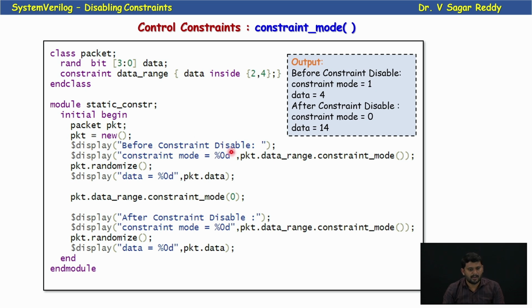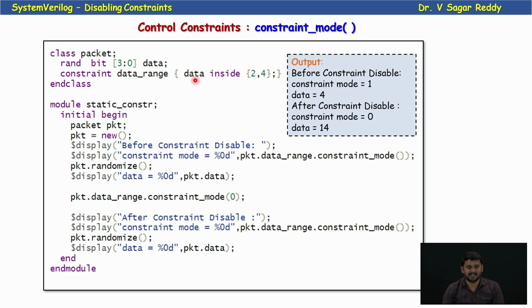Before the constraint is disabled, the constraint mode returns 1 because initially all constraints are active. Then data equal to 4, so the constraint is valid. The randomization generates random values in such a way that it satisfies the constraint in the class.